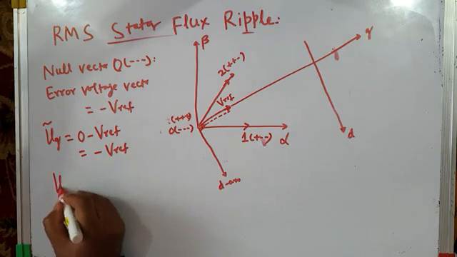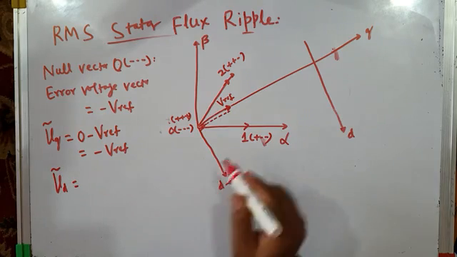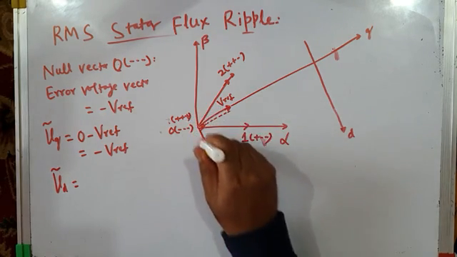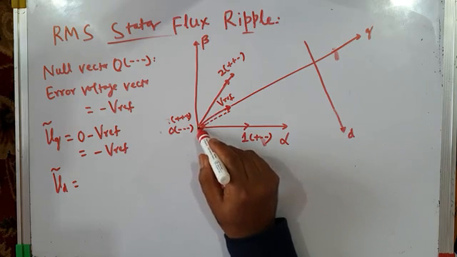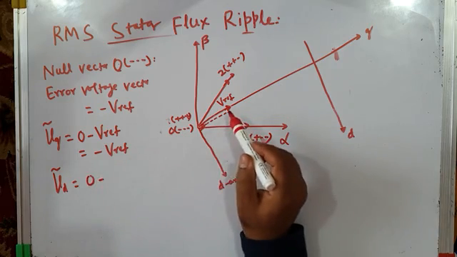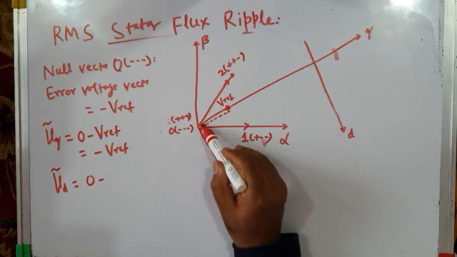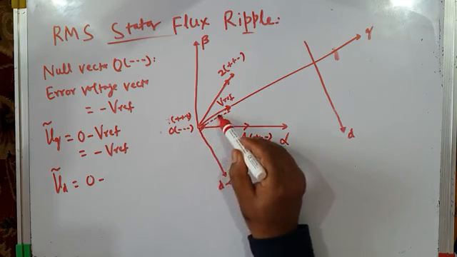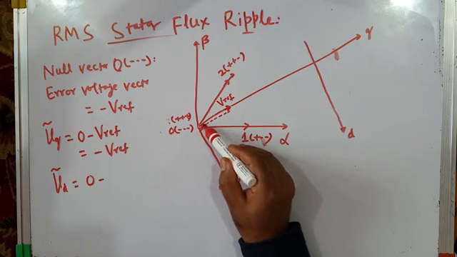And what about its d component, vd tilde? D component will be along this axis. Okay, along this axis, what do we apply? We apply vector 0 or null vector 0. So it is 0 minus what is the component of this desired voltage vector along d axis. Since vref is along q axis and this is d axis, they are 90 degrees with respect to each other.